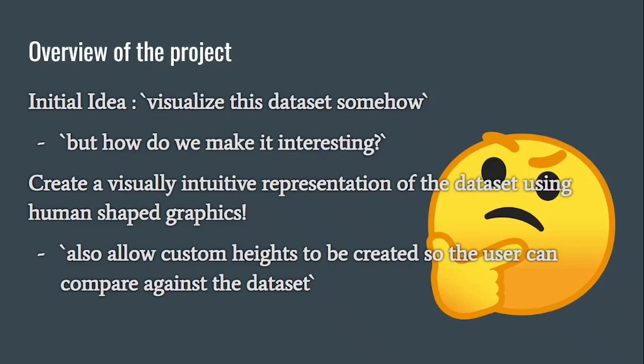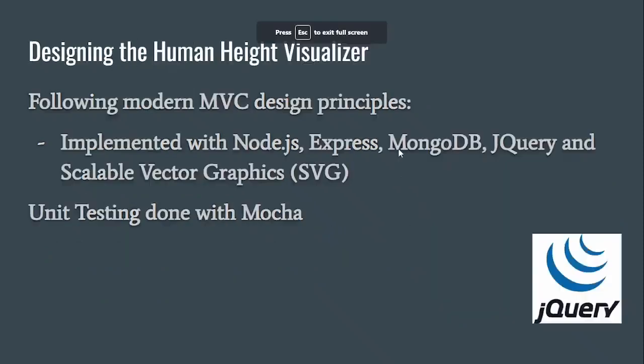At first, the initial idea was to create a bar chart, but we also wanted to make it kind of interesting too. And eventually, we came up with the idea of creating a visually intuitive representation of the data set using human-shaped graphics. And we took it a step further, and we also wanted to allow custom heights to be created so the user can compare their own heights against the data set.